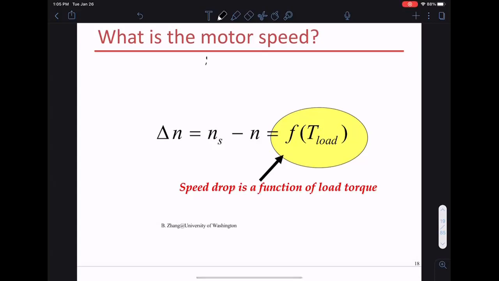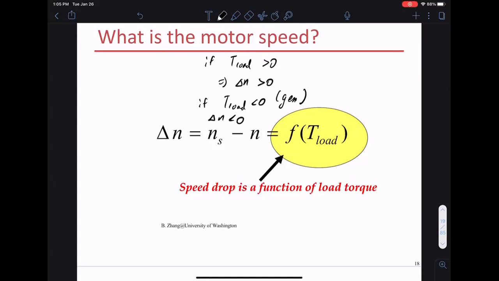So if delta n is greater than 0, then I'm powering a load and I'm slower than the synchronous speed. If I'm a generator, then delta n will be less than 0.